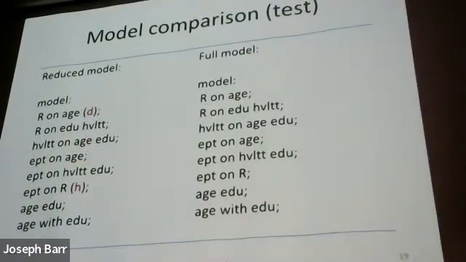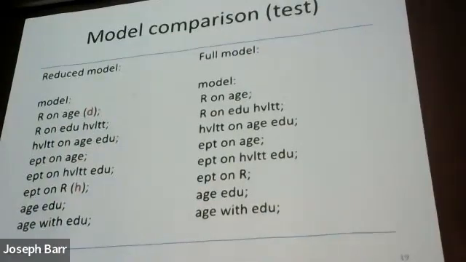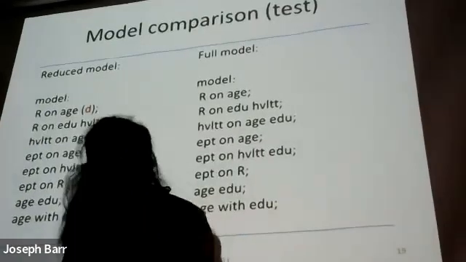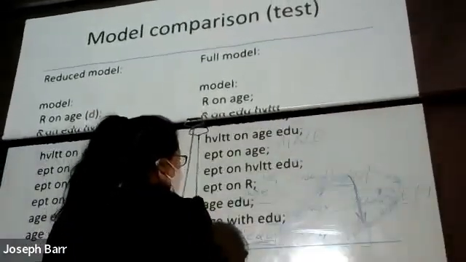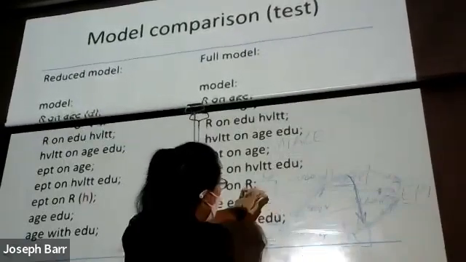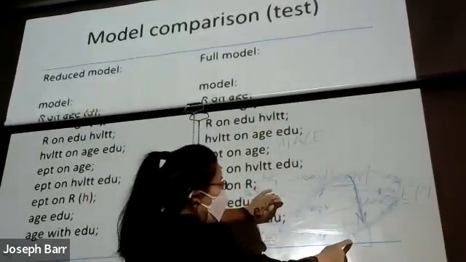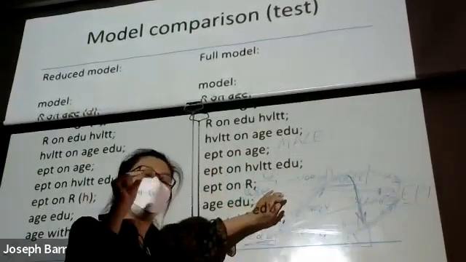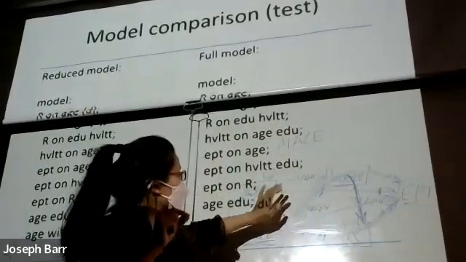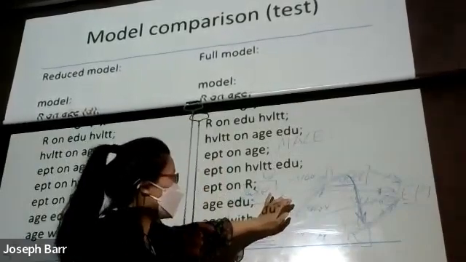Just focus on some specific paths, for example, R on H. So this one, we're gonna compare whether the H influence on the reasonability is the same or not. This path is the same or not across male and female.